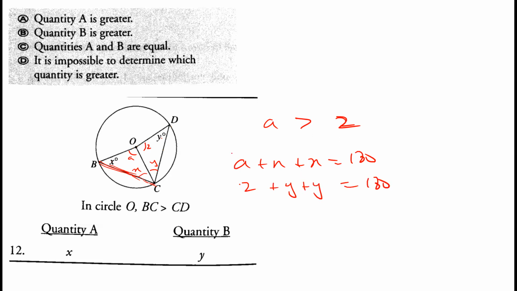Now, as we know that A is greater than Z, then X would be smaller than Y.